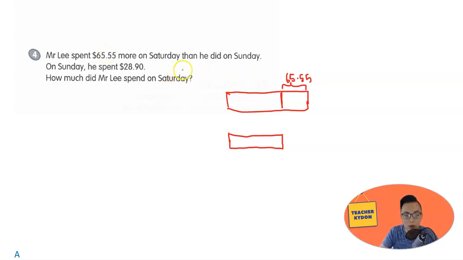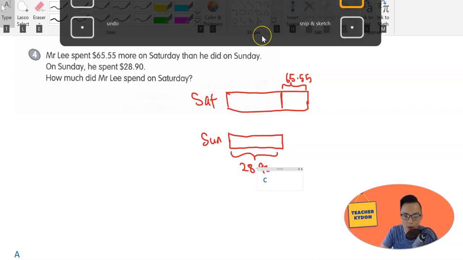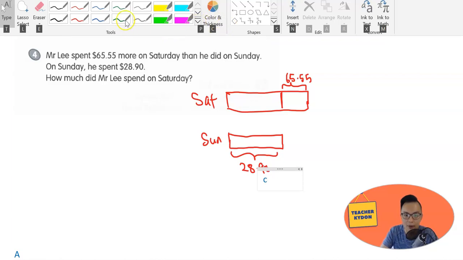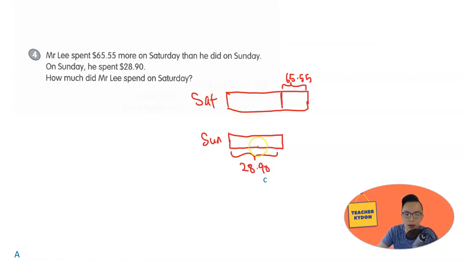So I spent 65.55 more on Saturday than he did on Sunday. So on Saturday he actually spent more than he spent on Sunday. On Sunday I spent 28.90. So it's always a good habit that once you have something at the bottom, straight away you take this number and move it to the top.